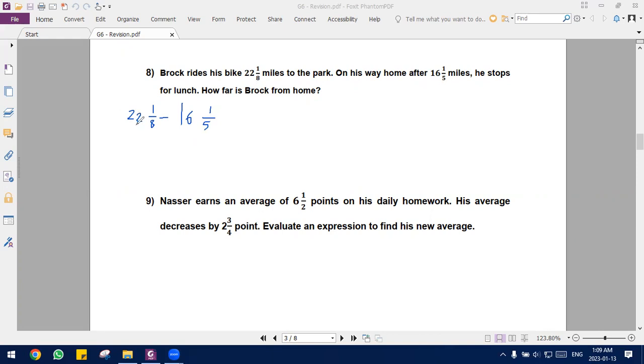How? We multiply 22 by 8 and then we add 1. So 22 times 8 is 176, plus 1, 177, over the same denominator 8.